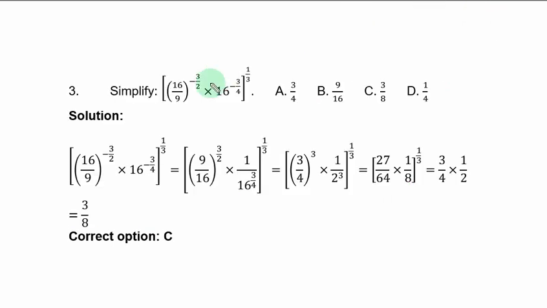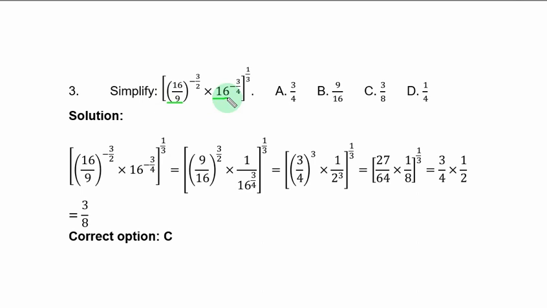Question 3. Simplify. Bracket open. You have 16 over 9 to the power of minus 3 over 2 times 16 to the power of minus 3 over 4.